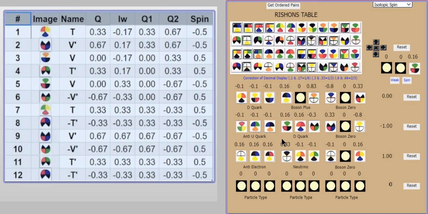That then leaves us only the S-quark itself, which has an isotopic spin of 0 as indicated by the standard model. 1/6 plus 1/6 is 1/3 plus minus 1/3 is 0. And the Z boson, we can see, also has an isotopic spin of 0. So we started with an initial isotopic spin of 0, and we end with an isotopic spin of 0.